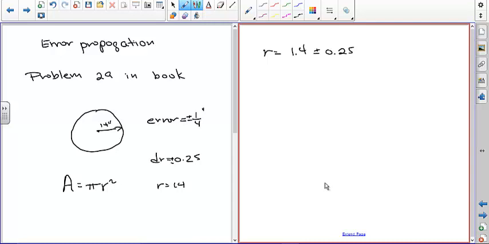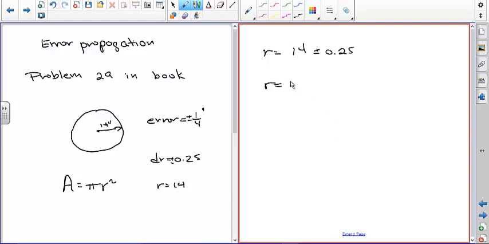This part would be kind of like a differential amount. It's a small value compared to the total value. Actually, it's a fairly big error, so that's why I was trying to figure out if that was 14 or 1.4. I think it's 14. Otherwise, it's not a very accurate answer. So you assume that it's 14 plus or minus 0.25.